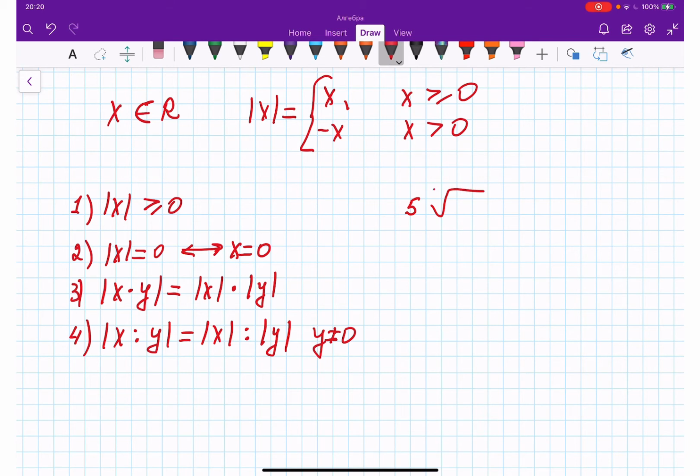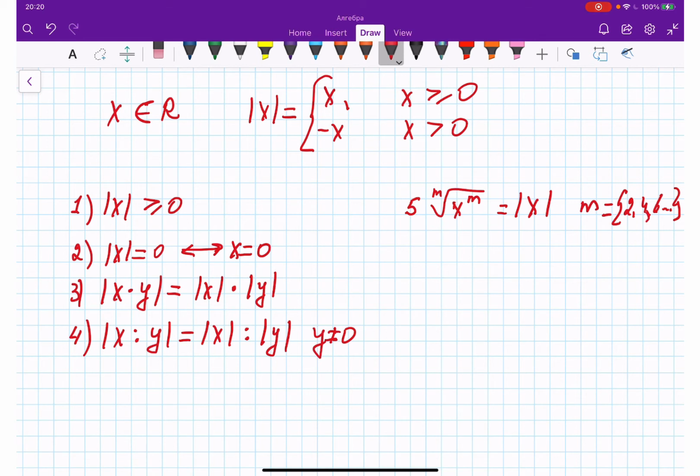Radical of degree m of x to the power m is equal to the absolute value of x. We usually don't use it, but just so you know, it is the absolute value of x, where m has to be an even number: 2, 4, 6.